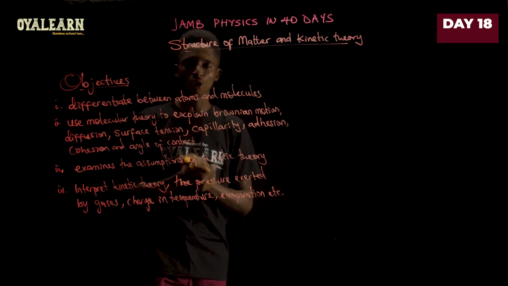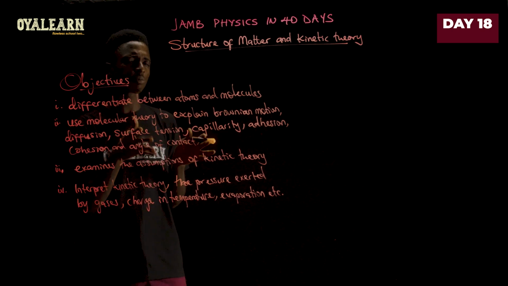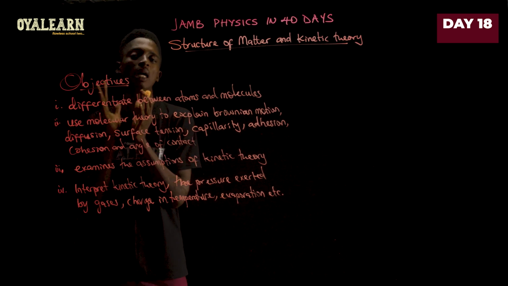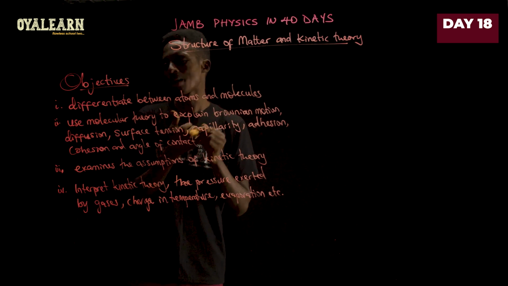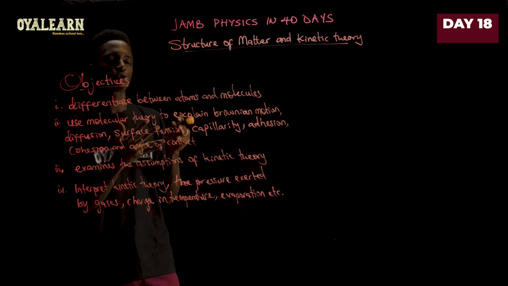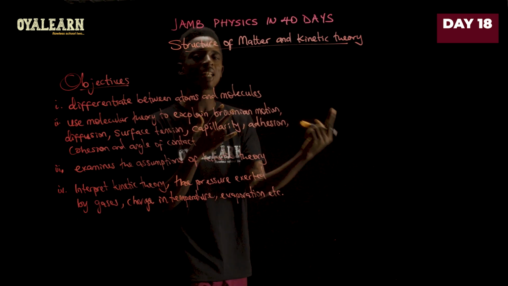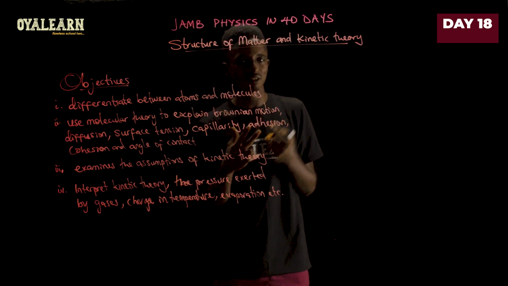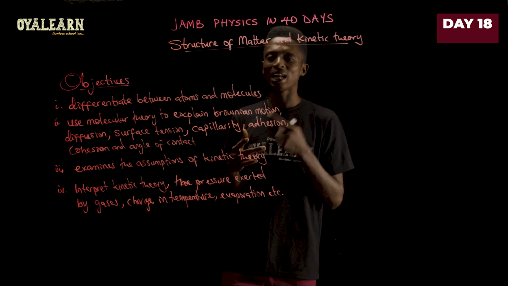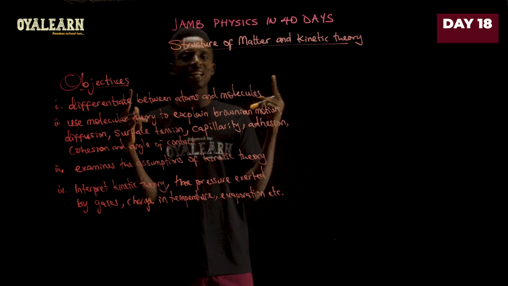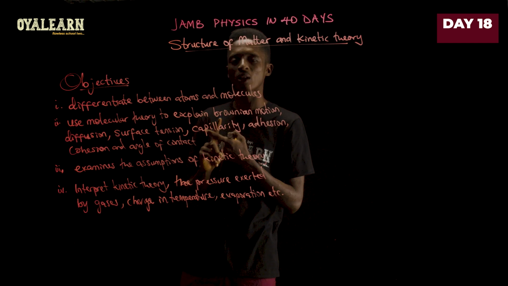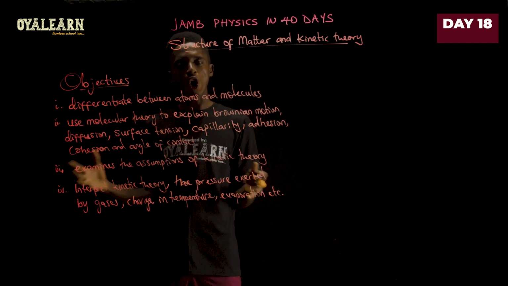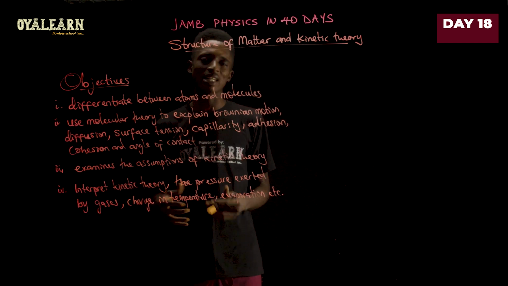Now, you also should be able to examine the assumptions of the kinetic theory. There are about 4 to 5 assumptions of the kinetic theory depending on which aspect you're looking at. One of them is that they consist of tiny particles known as molecules. It also assumes that those molecules are moving about in constant random motion. And another assumption is that as they are moving about, they collide elastically with each other and with the walls of their container.